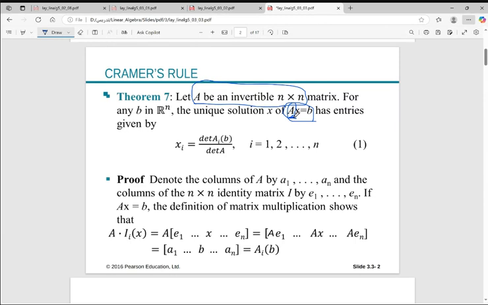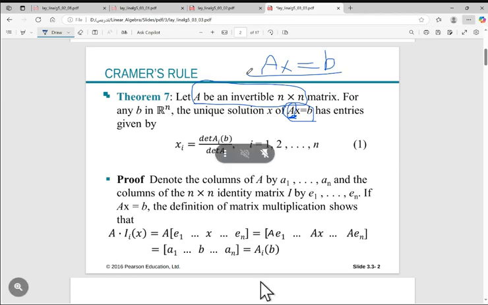What was that unique solution? Can someone remember? So we have Ax equals B, a system of linear equations, and A is invertible.